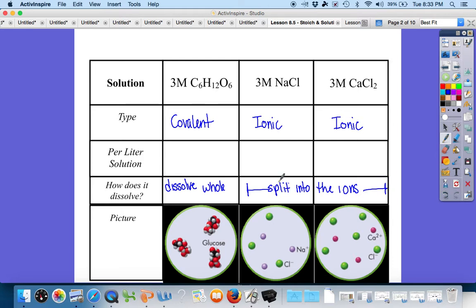So when we dissolve in these two different methods, it's going to affect the number of moles per liter of solution. So here, because sugar dissolves whole, we are going to have 3 moles of our C6H12O6 molecules.